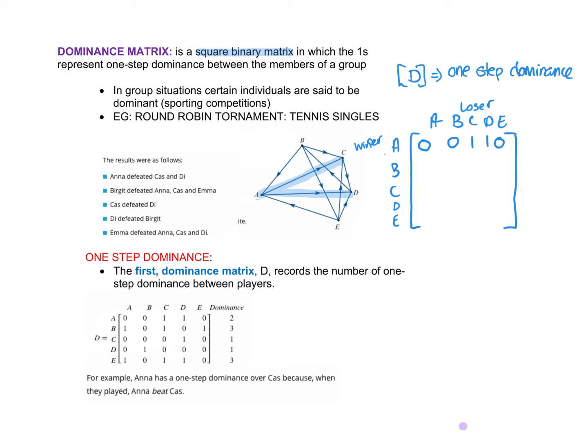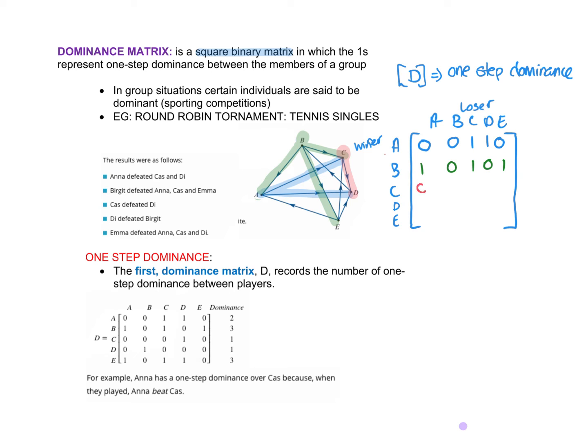So then if we look at B, B beat A, it beat C, and it also beat E. So if I was filling that in, it beat A, didn't play itself, beat C, didn't beat D, and beat E. Okay, then if I go to C, C defeated D only, by the looks of it.